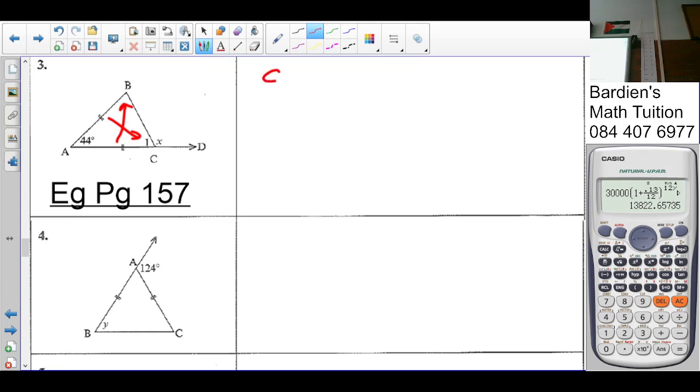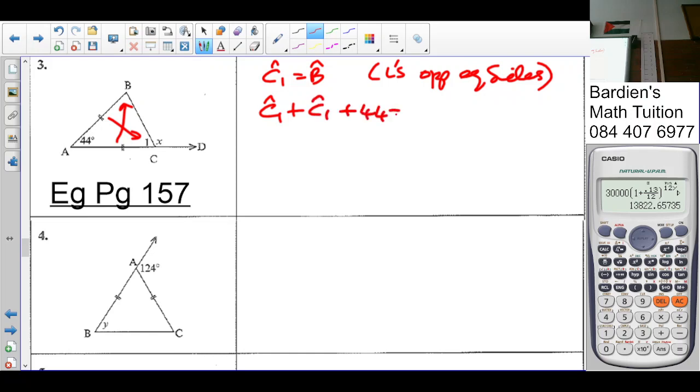Angle B. So you say C1 is equal to angle B. Why? Angles opposite equal sides. Okay. So now we can say that angle C1 plus angle B, which is also what? Plus 44 is equal to?